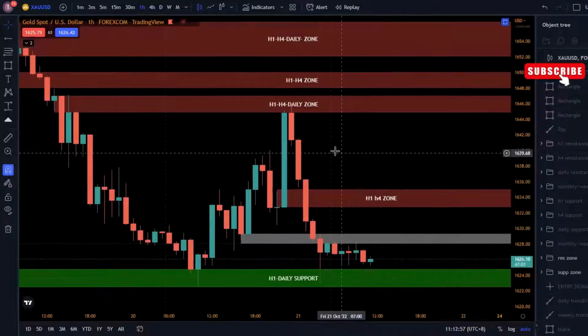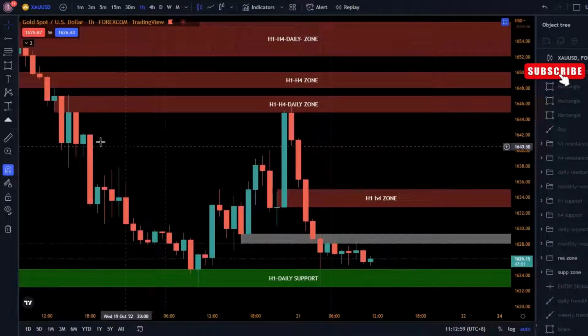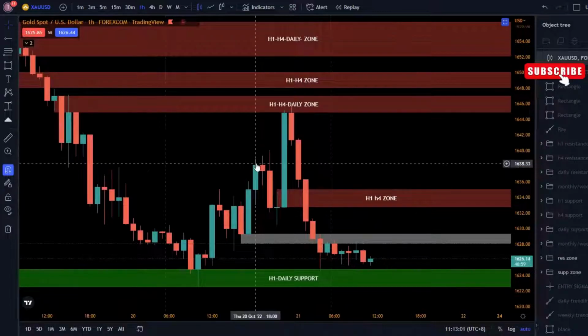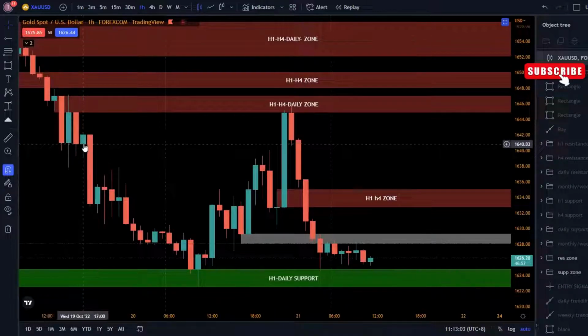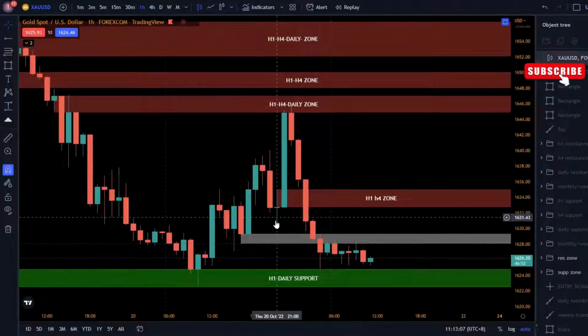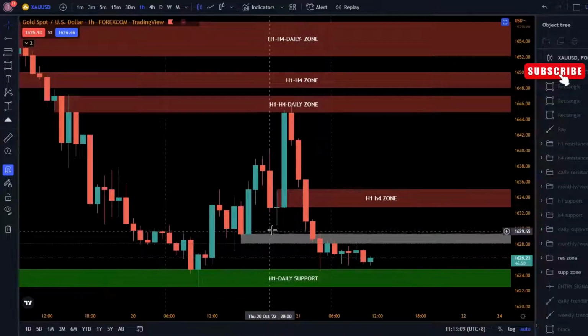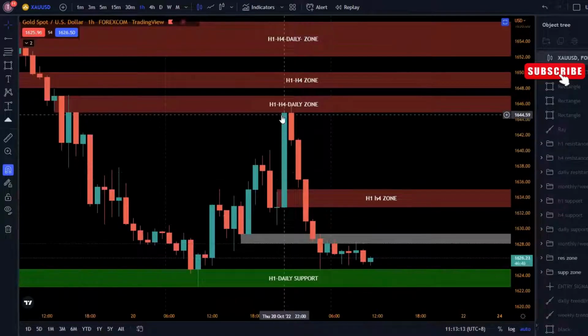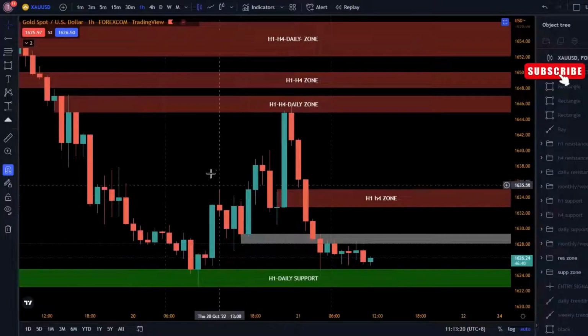So this is 1 hour. This is what happened yesterday. So this one, the resistance rejected the price, so it goes down again. But the bullish side of gold, the price shoots up with this very big engulfing candle, bullish engulfing candle.